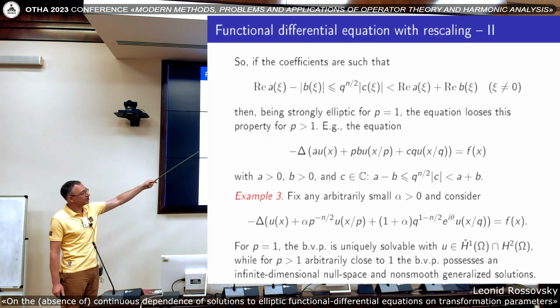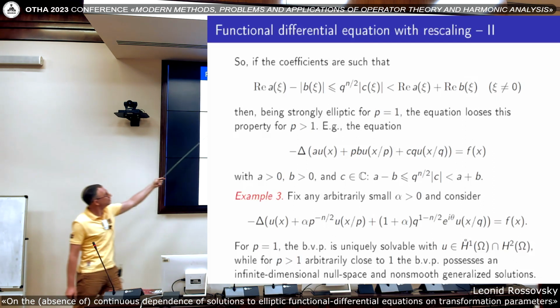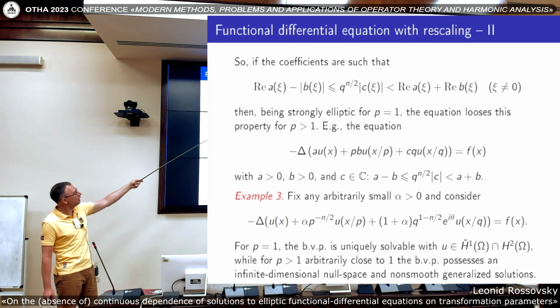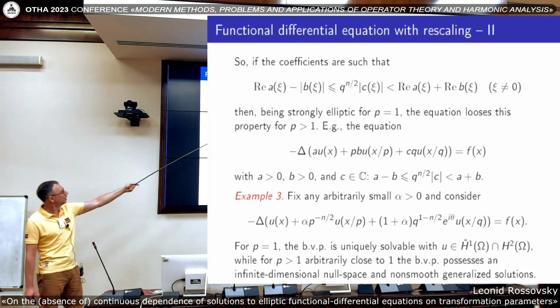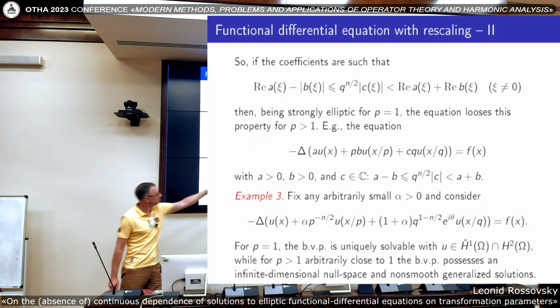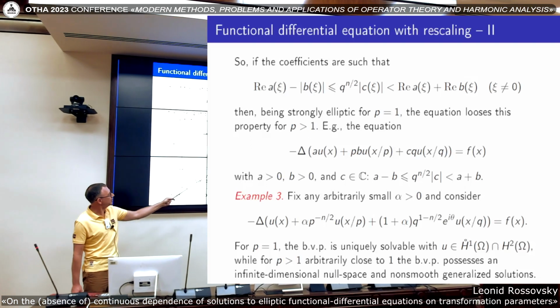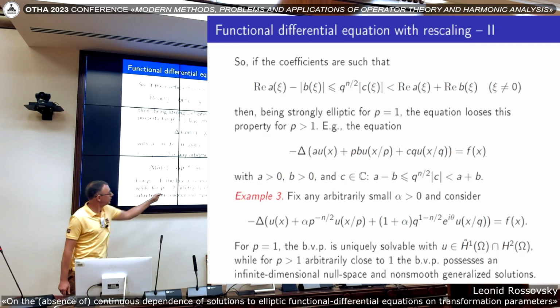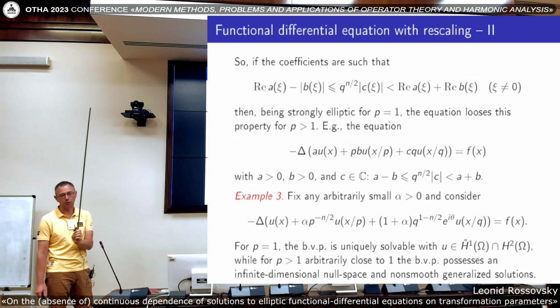So if the coefficients are such that the following two-sided inequality is satisfied, then, being strongly elliptic for P equal to 1, our equation loses this property for P greater than 1. For example, the equation like this. If A, B, and C satisfy this inequality, then this equation is strongly elliptic only for P equal to 1.